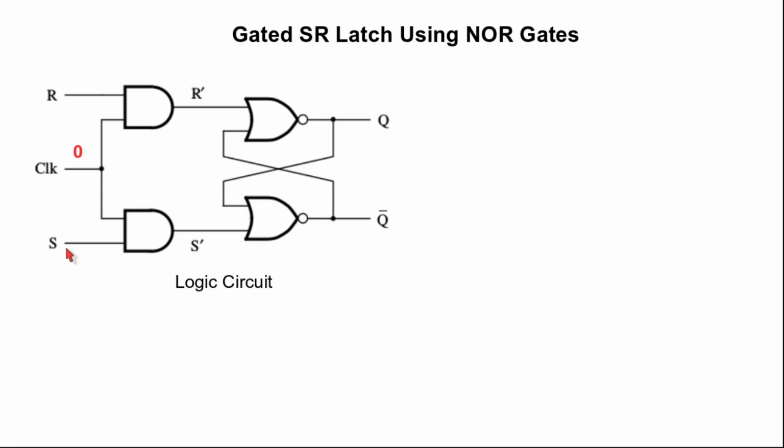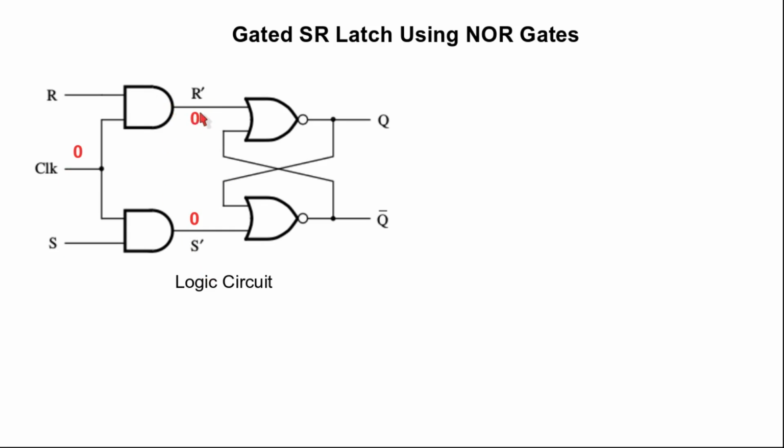When we make the clock input equal to 0, for each AND gate one of the inputs will be 0. And we know that whenever one of the inputs to an AND gate is 0, the output of the AND gate will be 0. So the output of both the AND gates will be 0, doesn't matter what the value of R and S is.